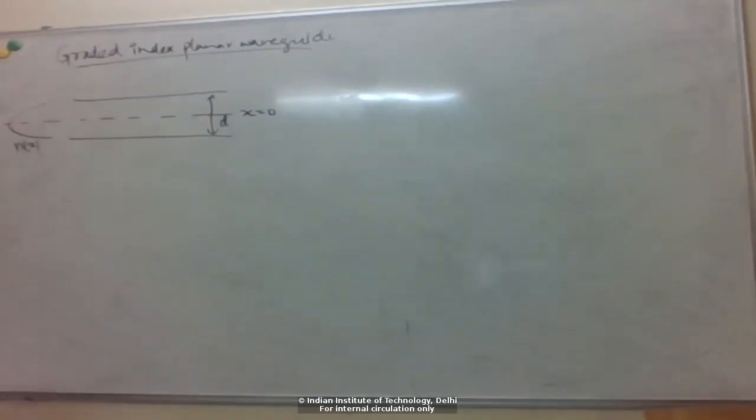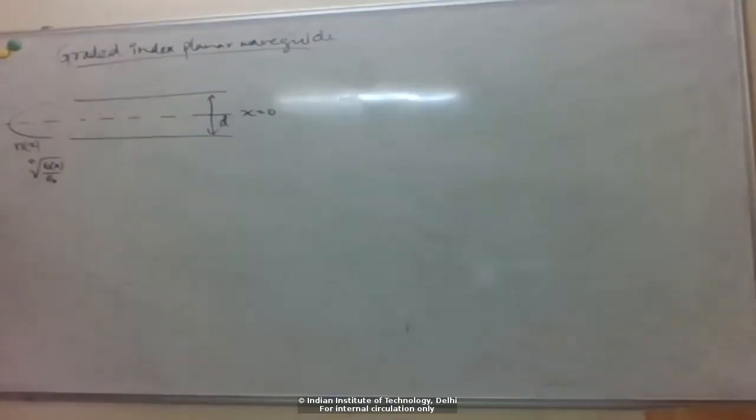But for gradient index it's some continuous function. This refractive index is, recall, just the square root of the dielectric constant. So this is some inhomogeneous medium now, where the dielectric constant is a function of position.